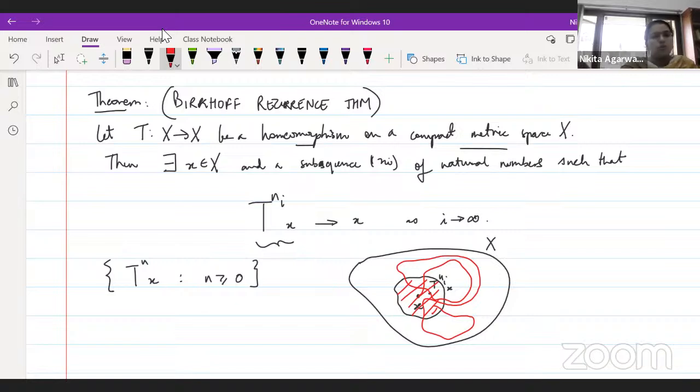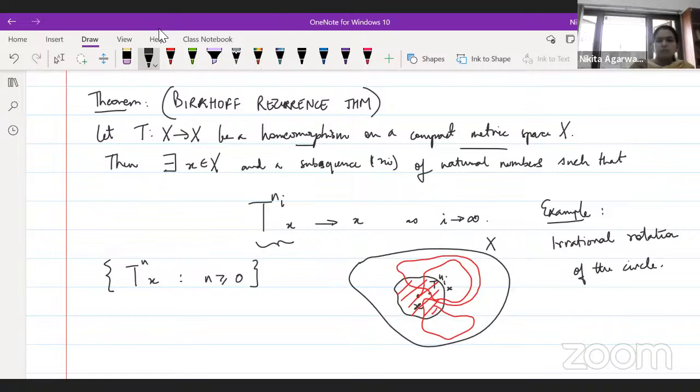So this is for irrational rotation. Let me write it down here. Example: irrational rotation of the circle has this property of recurrence.